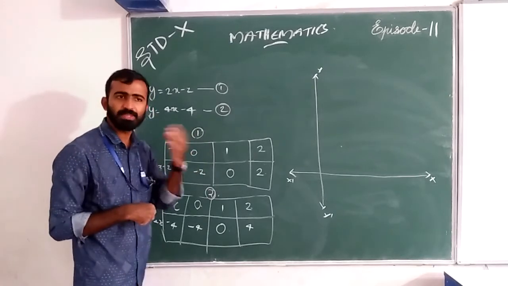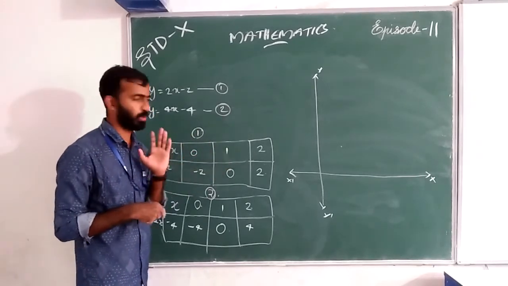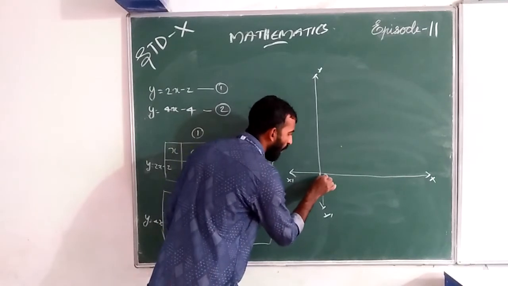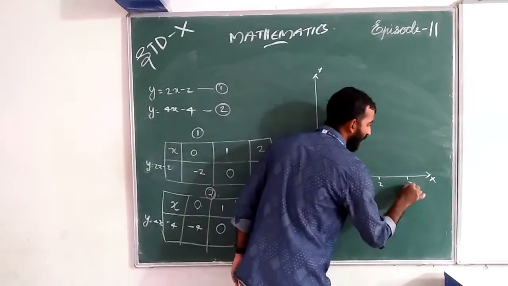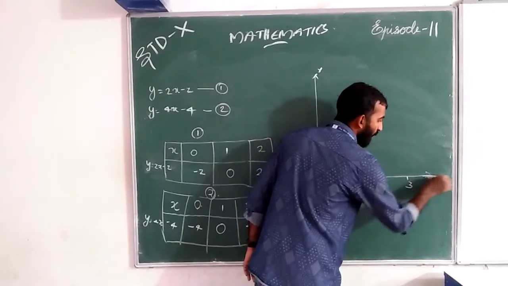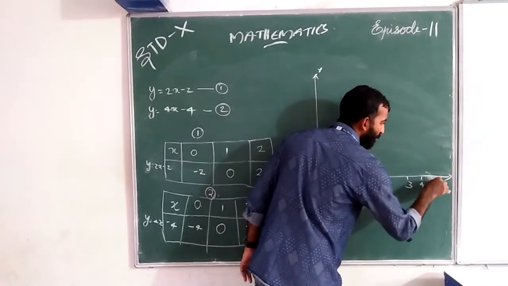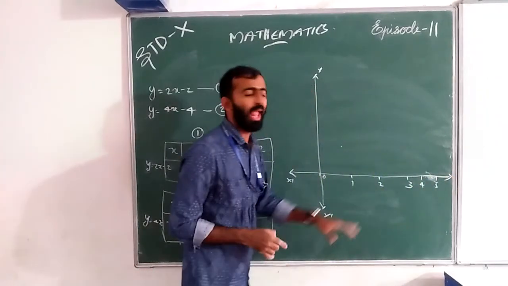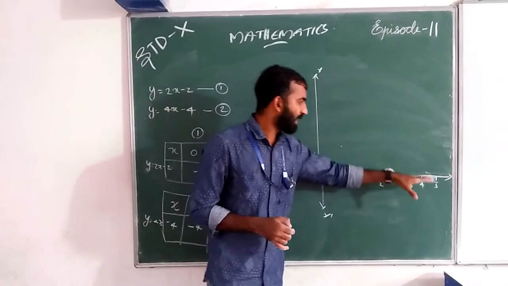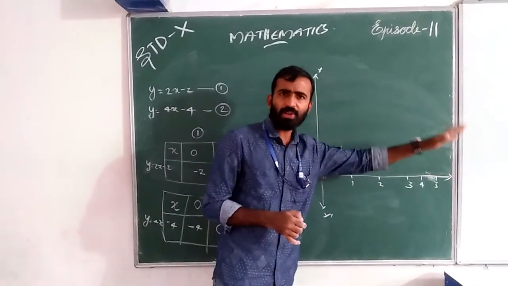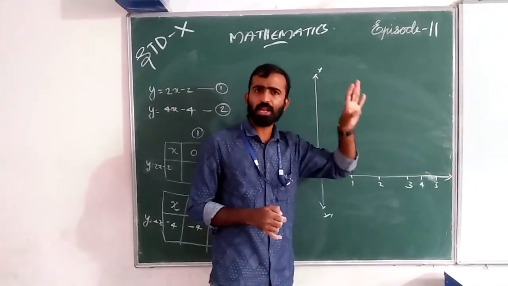Here is 0, here is 1, 2, 3, 4, 5. This means it is extending to infinity. You can fill in 6, 7, 8, and so on.